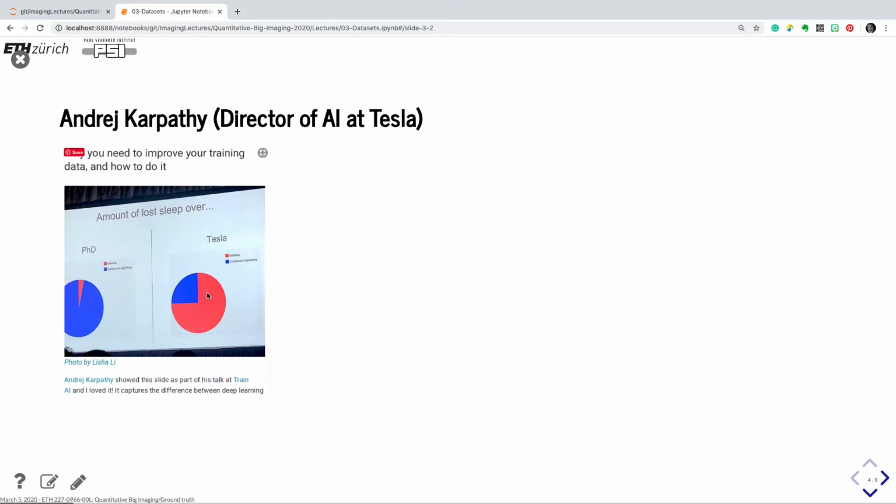Looking at what they do at the AI department at Tesla, three-quarters of the time is spent on producing and making data the right way, and then the rest is algorithms. So that gives you an idea how important the data and the quality of the data actually is in large projects.